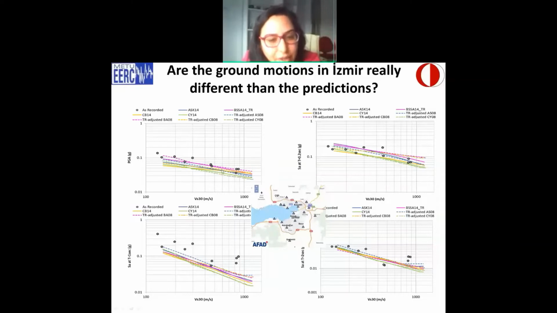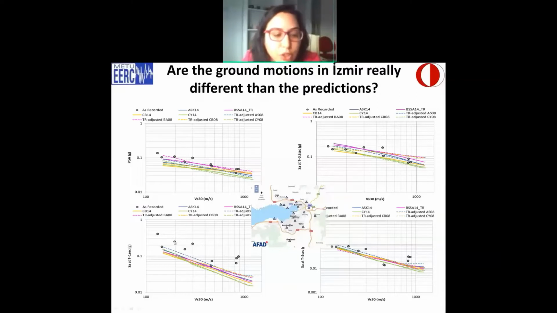As you can see, there is a scatter among the models, of course, but the points are in good agreement with the models for peak ground acceleration. Please keep in mind that these are Izmir dots, so Izmir recordings. If you go to 0.2 seconds, again we can see that the points are within the expected scatter. But if we go to 1 second spectral acceleration, the picture is completely different.